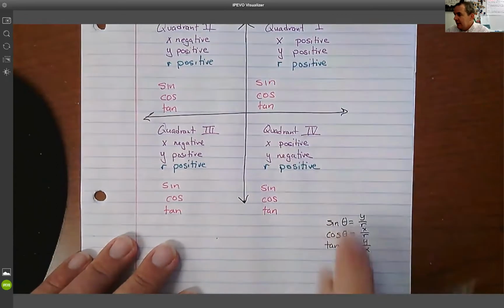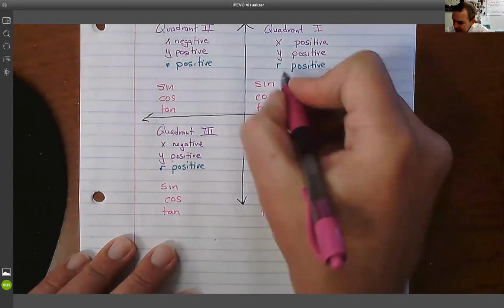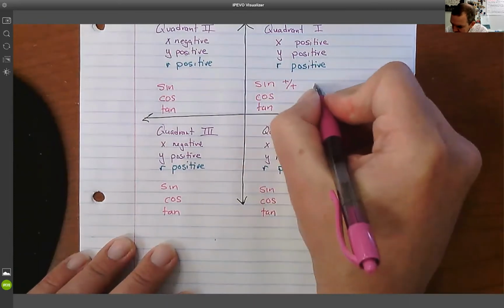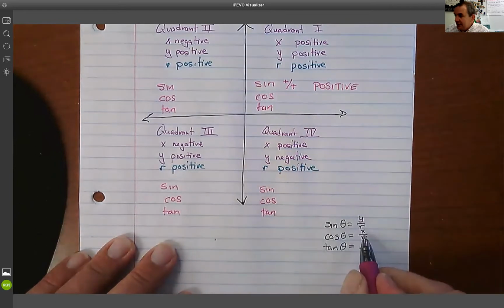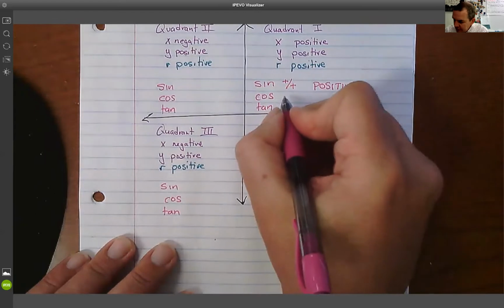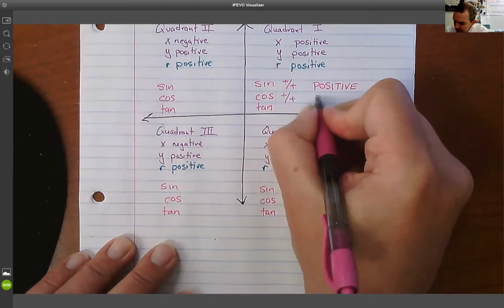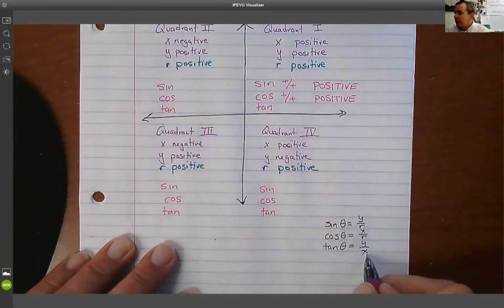Sine is y over r. Y is positive, r is positive, so a positive divided by a positive tells me that sine is positive. Cosine is x over r. X is positive, r is positive, a positive divided by a positive is a positive. And for tangent, y over x.